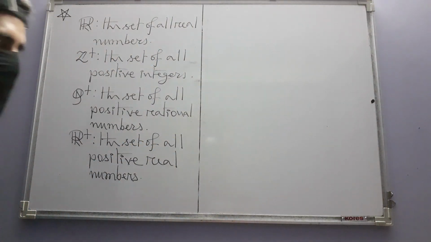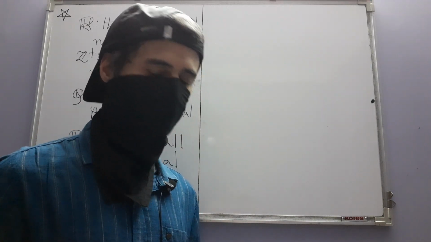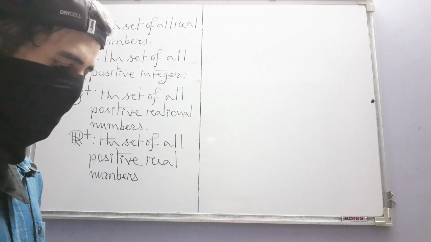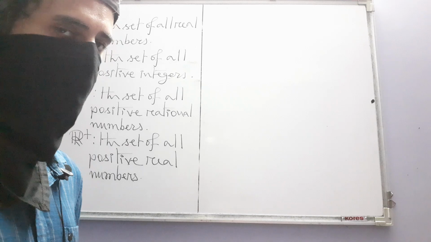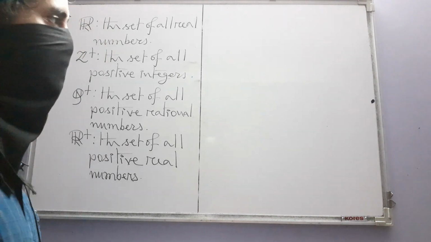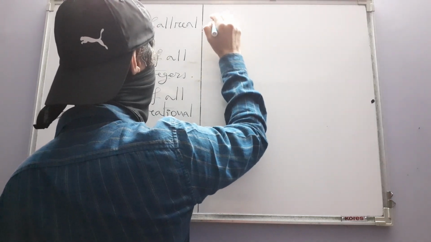Besides these sets, there are other sets which are important, but that will come later, okay, not right now. Now there are some points regarding these notations and symbols that we will use. Let's just see these points.